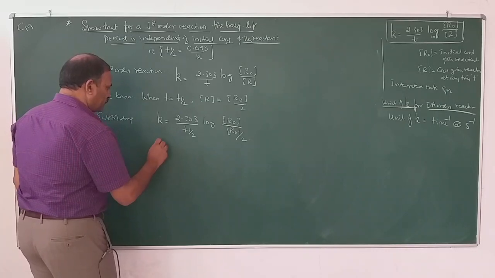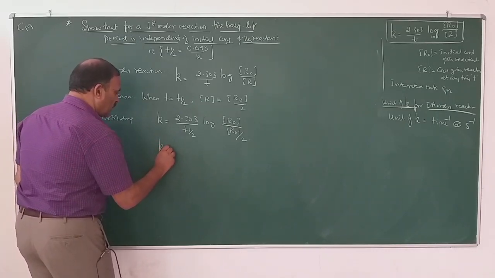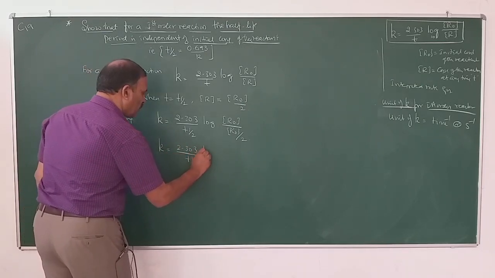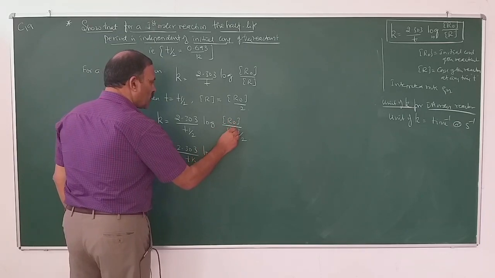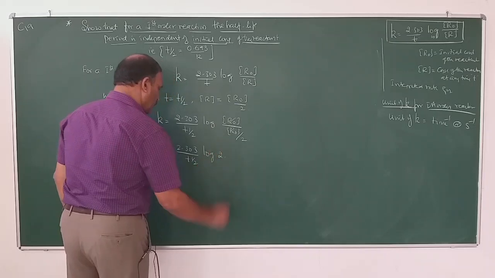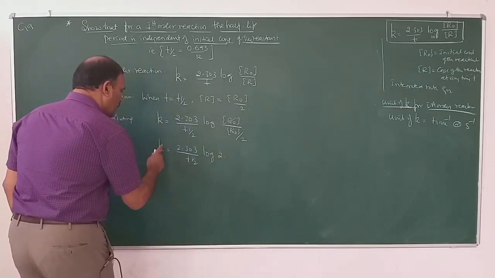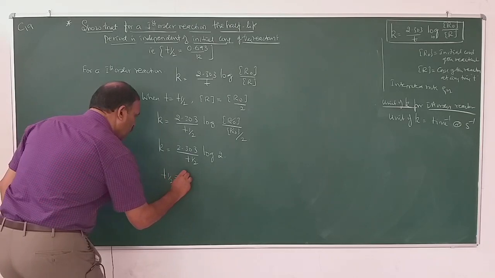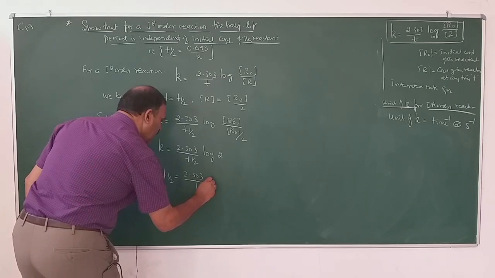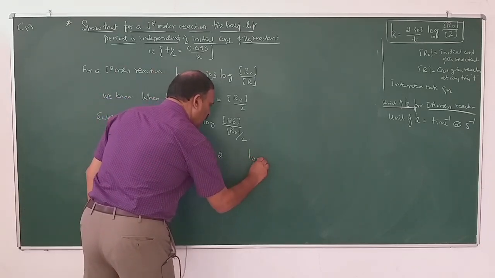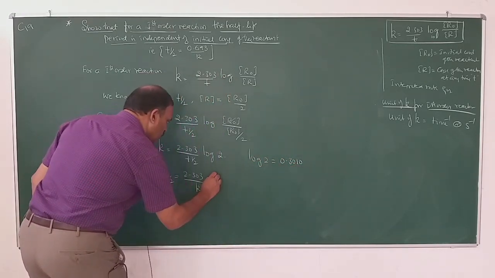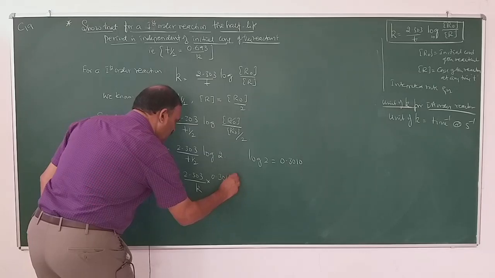So then K equals 2.303 divided by T half log of, R0 gets cancelled, 2 goes to numerator, log 2. So T half equals 2.303 divided by K into log 2. What is the value of logarithm of 2? 0.3010.